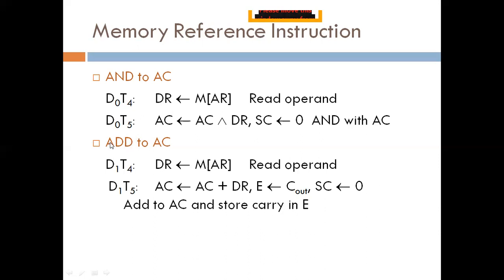The next memory reference instruction is add. For the add, D1 is going to select. First, read the data from memory and store the data into the DR. After that, do the addition operation between the data stored in the DR and the data stored in the accumulator, and store the result into the accumulator.